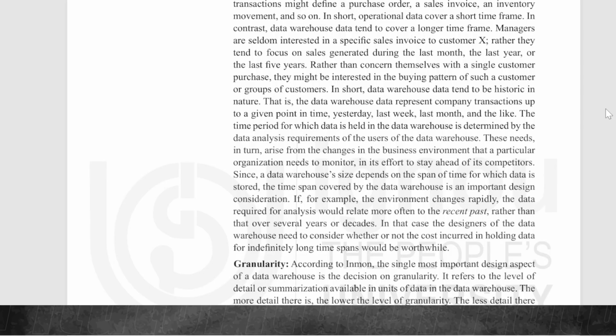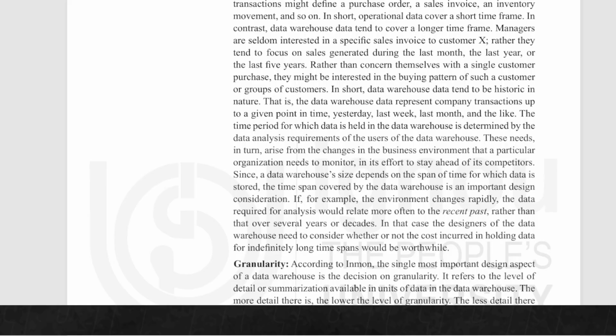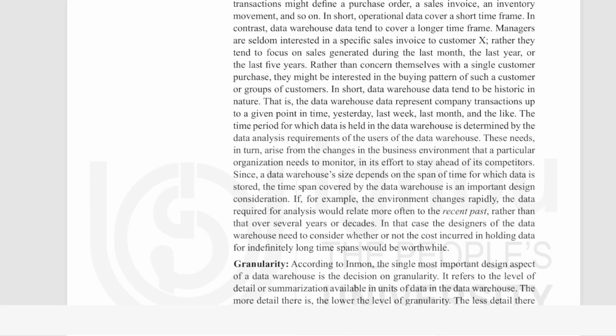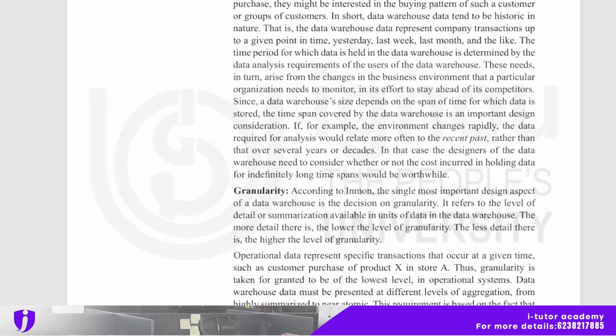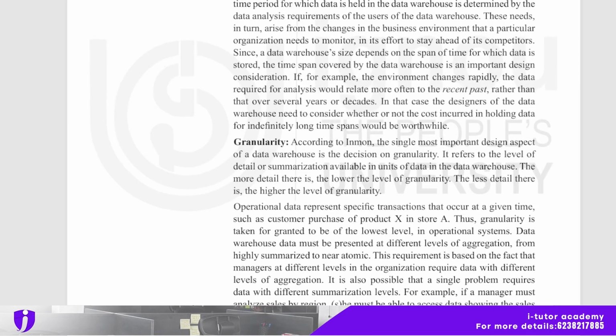Granularity, according to Inmon, is the single most important design aspect of a data warehouse: the decision on granularity. It refers to the level of detail or summarization available in a unit of data in the data warehouse. The more detail there is, the lower the level of granularity. The less detail there is, the higher the level of granularity.